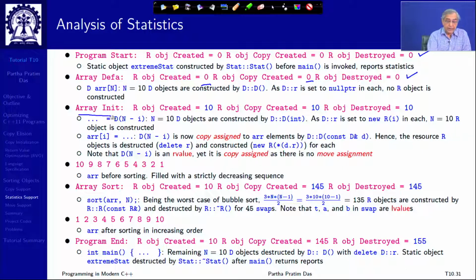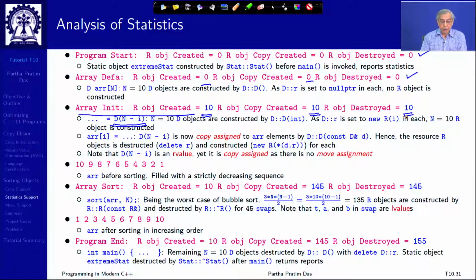Then after I initialize the array, every time I construct a D object with a parameter, an R object will get created. So, I have 10 creations of these, and then they will be copied 10 times to ARR. So, there are 10 copies and those temporaries will be deleted, so there are 10 deletions.